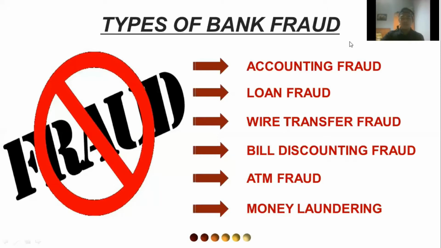And next, bill discounting fraud. Although this type of bank fraud is relatively rare, you should still understand the risk. Generally, with bill discounting fraud, the fraudster opens a business account at the bank. Then, the business owner convinces the bank to start collecting bills from the business clients.